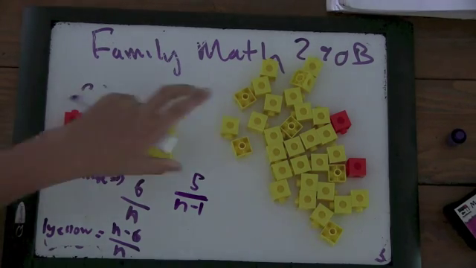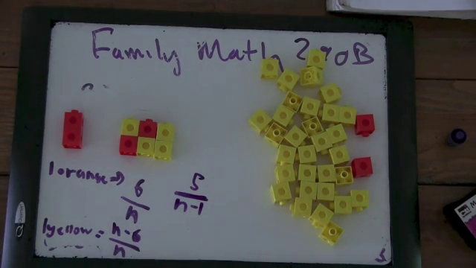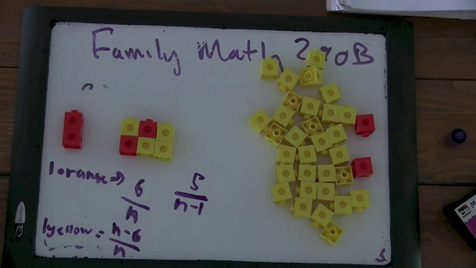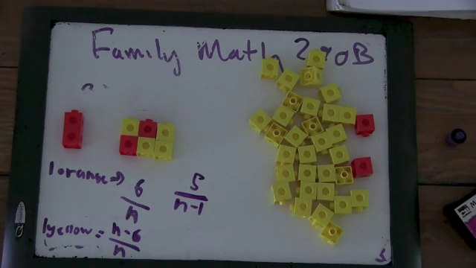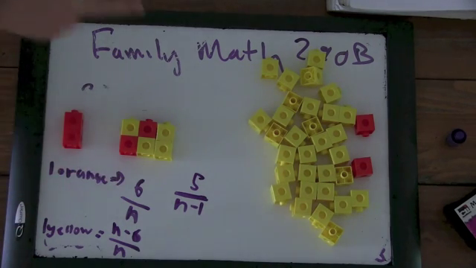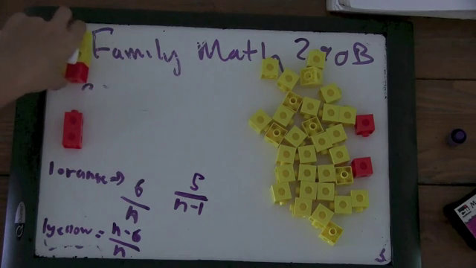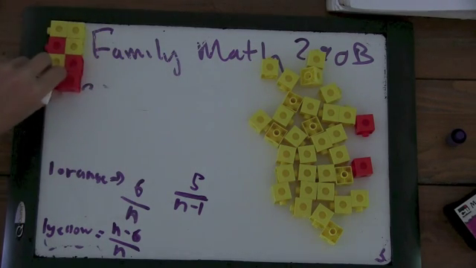So we started with some number n, and we don't know what it is, but we know how many oranges there were. So picking the first orange out was 6 over n, and then picking the orange out the second time was 5 over n minus 1. So we have to add these together. Or I think you have to multiply them together. Good thinking.